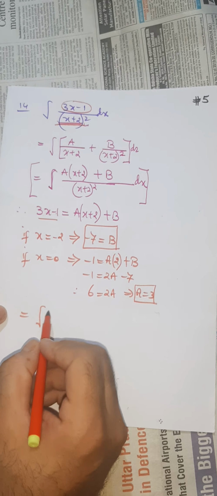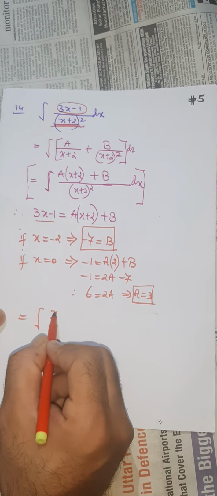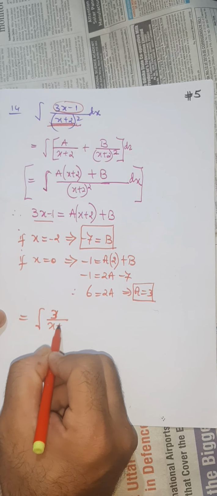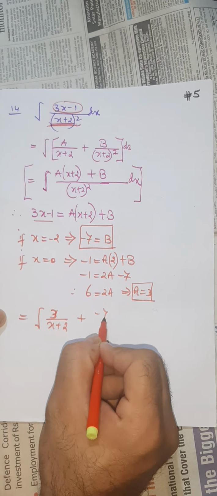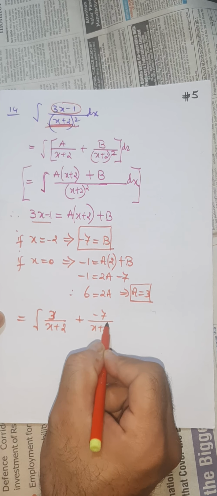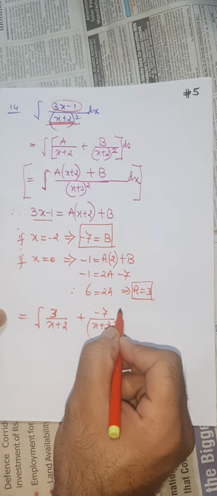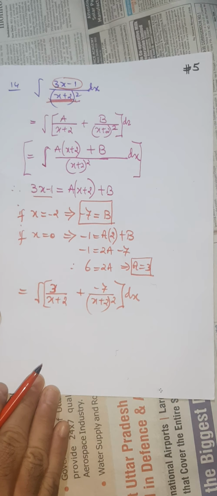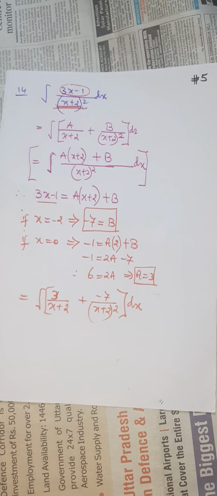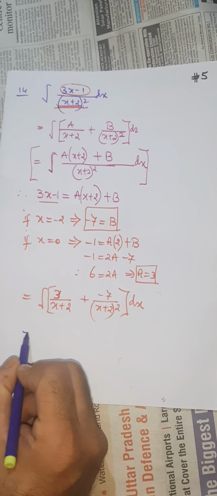Therefore we get 3 upon x plus 2. What is b? Which is minus 7 upon x plus 2 the whole square. So now you can integrate it. How do we integrate this? This is a linear function, 3 outside.